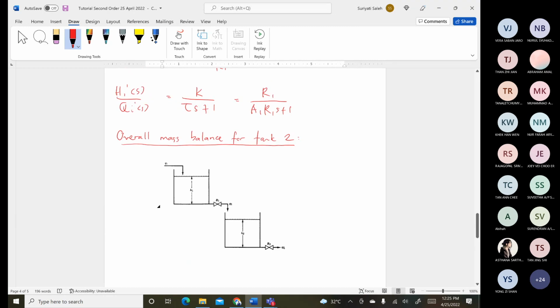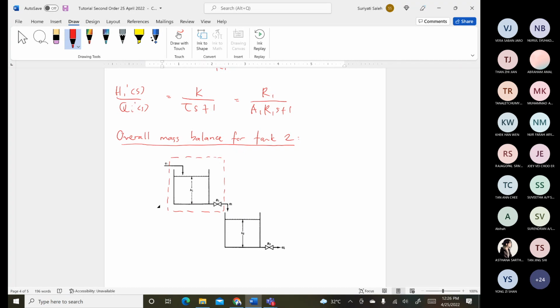If we take a look, the boundary for the first tank is this.